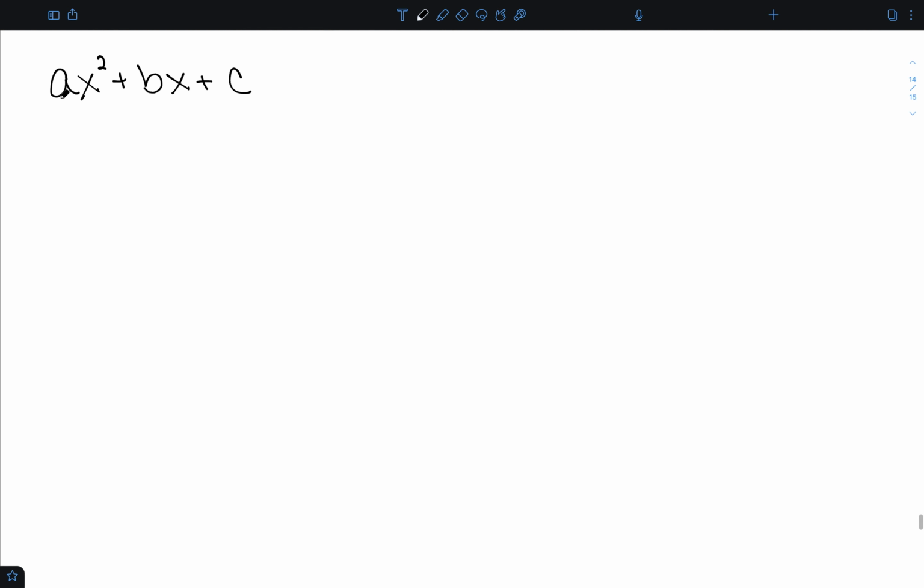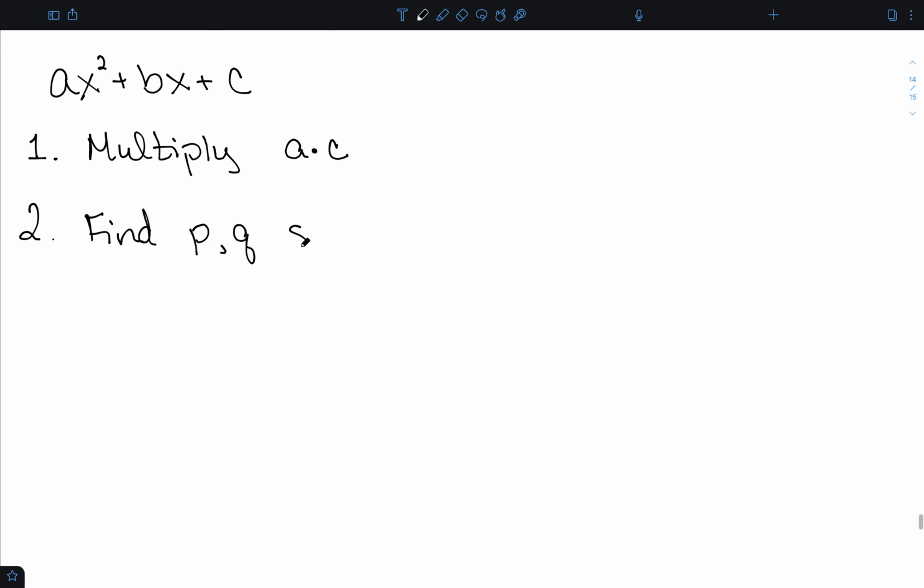Next, let's look at what happens when we have something in front of that x squared, ax squared plus bx plus c. In this case, our first step is going to be multiply a times c. The second thing we need is we need to find numbers, p and q, such that p times q is equal to a times c, and p plus q is equal to b.